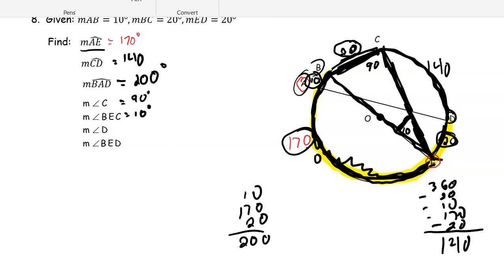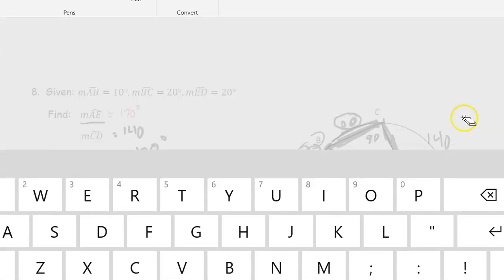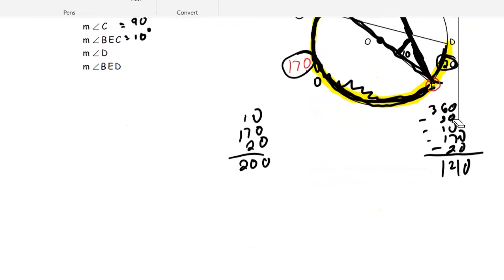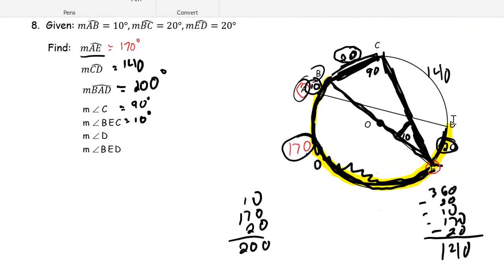Angle D, where is he at? That one I might have a bad problem. I can't see all of this clearly, and this thing keeps on messing up when I do that. Angle D. Okay, now I can see it.